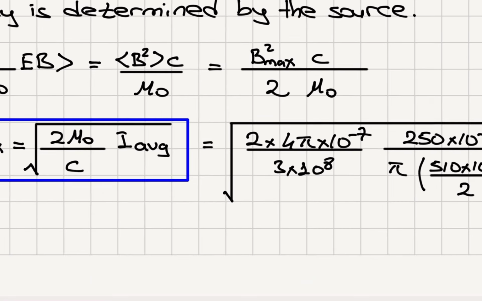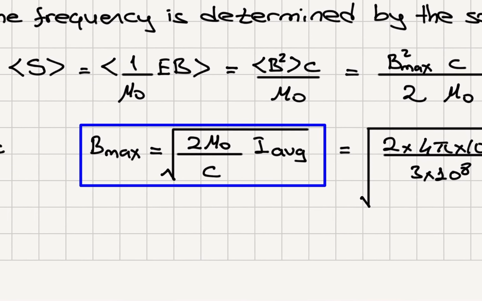Okay, so we obtain a maximum magnetic field of 1.01 times 10 to minus 4 Tesla from this calculation.